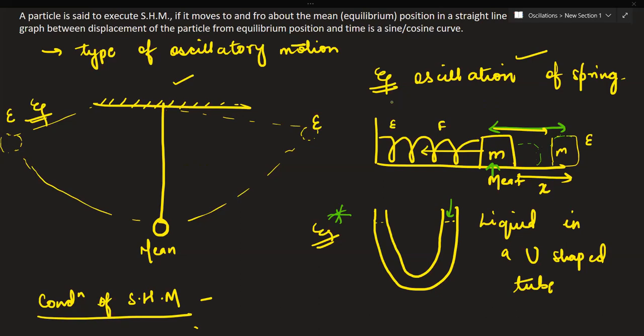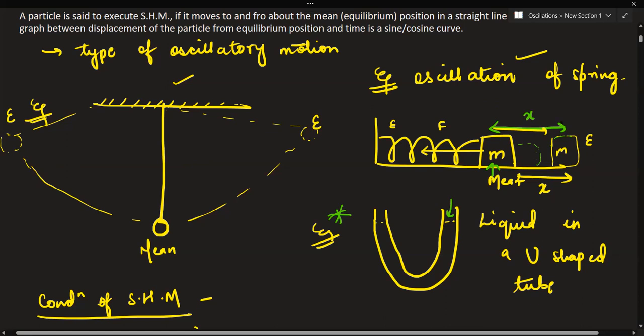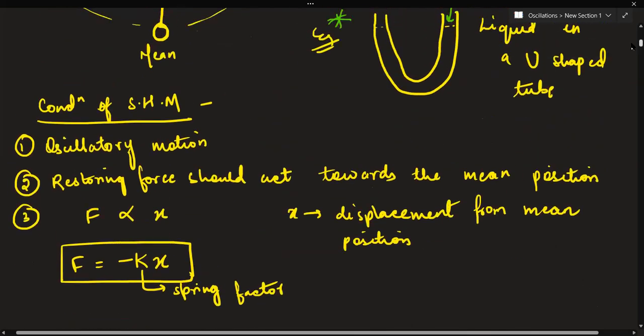See, now see, x is the extension produced from this mean position. So whatever restoring force is applied, that will try to bring this object back to its mean position. This is directly proportional to the extension produced. So if I tell you the conditions of SHM, first, as usual, it is an oscillatory motion.